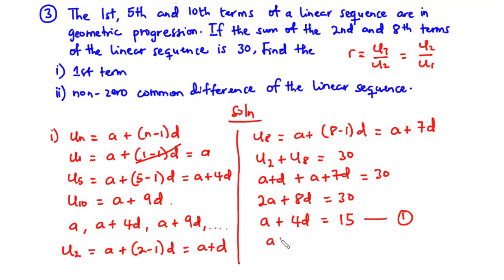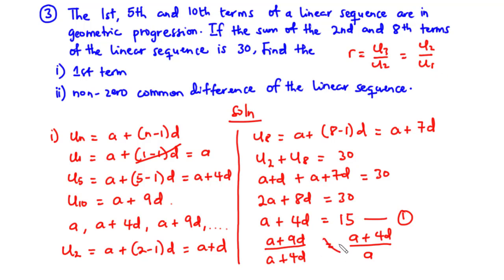So we have a plus 9d divided by u2, which is a plus 4d, that is equal to u2, which is a plus 4d, divided by a. We are going to do this because for the common ratio, you need to find the ratio between any two successive terms. So u3 divided by u2 should be equal to u2 divided by u1. So we are going to work on this.